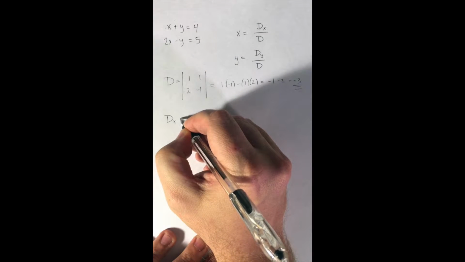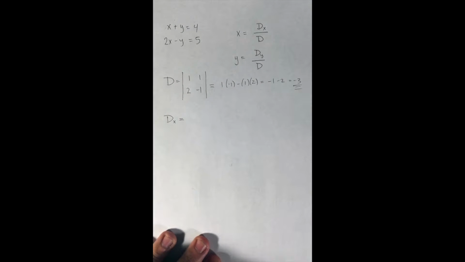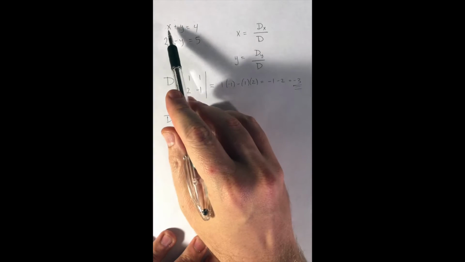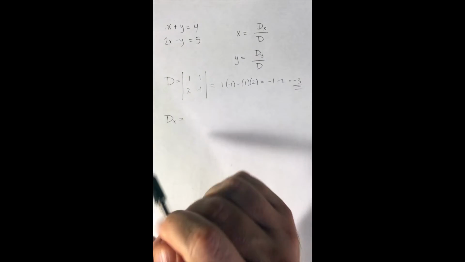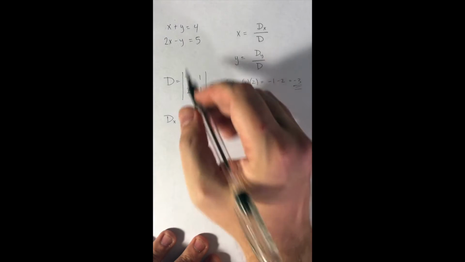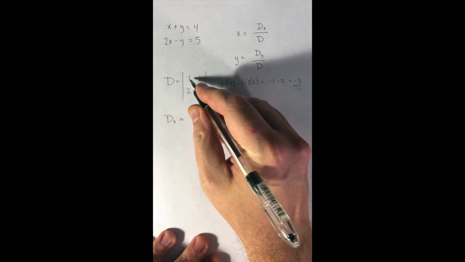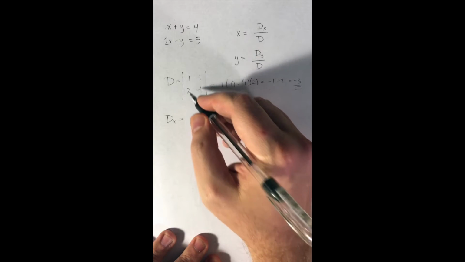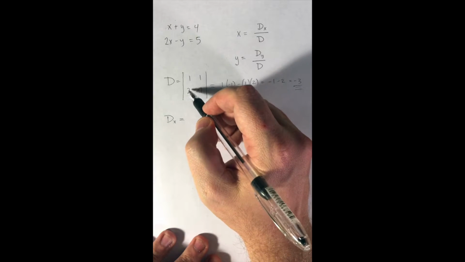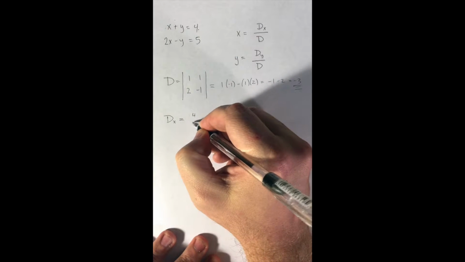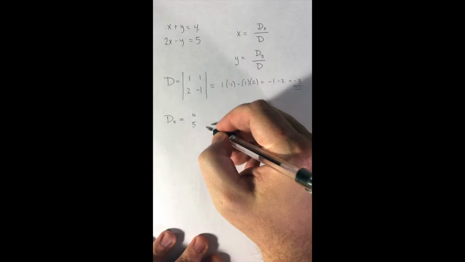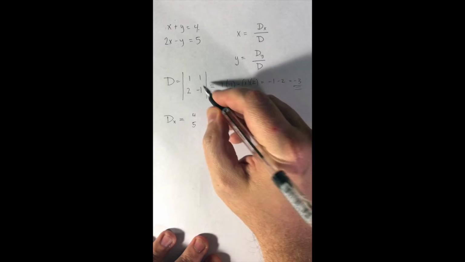Dx, I haven't told you what these are yet, but Dx says, instead of looking at the 2x2 matrix that's on the left side, let's take the x column, and instead of the 1 and the 2 being in that x column, let's replace them with the 4 and the 5 that show up on the other side. So we have a 4 here, a 5 here, and then the y column is going to stay the same as it was above.